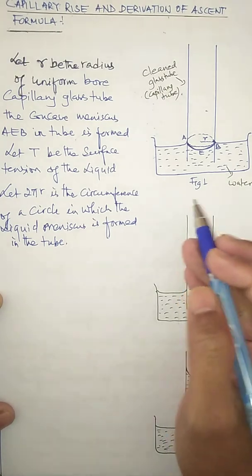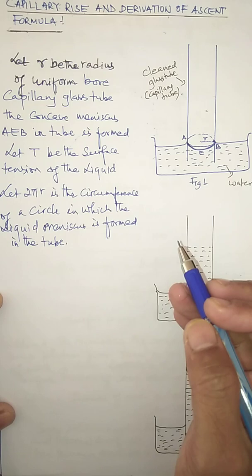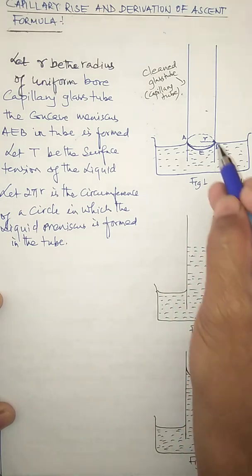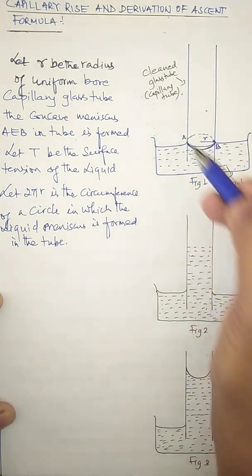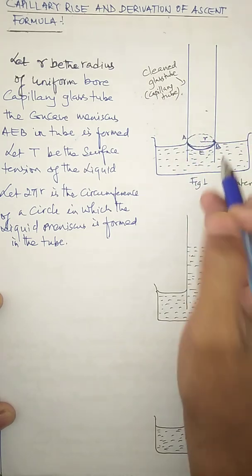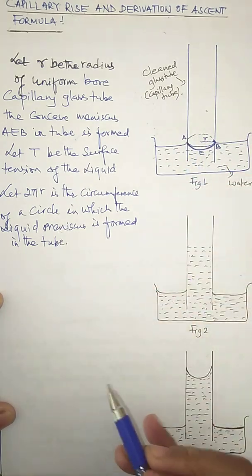And this meniscus which is formed is actually due to the liquid which is in contact with the glass tube. So this liquid is in contact with the glass tube, and due to that, the meniscus which is formed is due to the circumference of the circle.